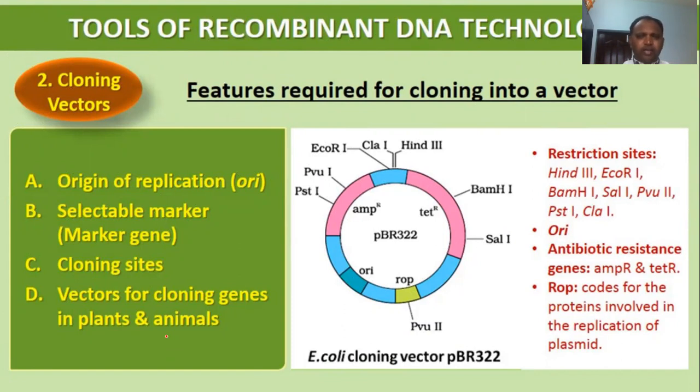If we want to use a DNA as a vector, what features are required? Just see here: origin of replication, selectable marker, and cloning site. So in the next video, we'll continue with the features of cloning vectors, right?